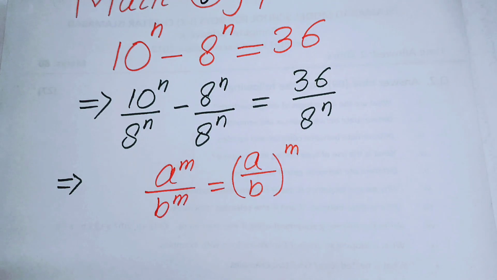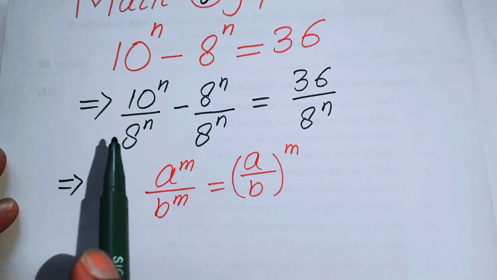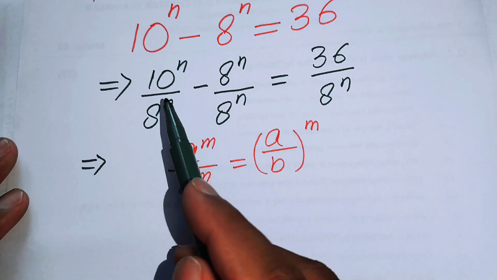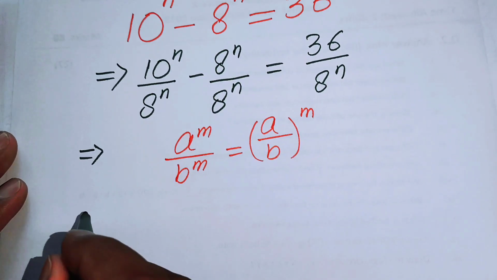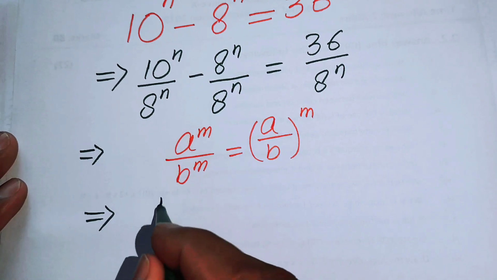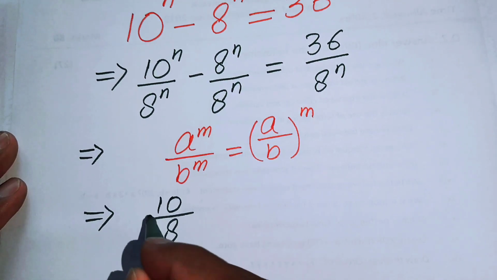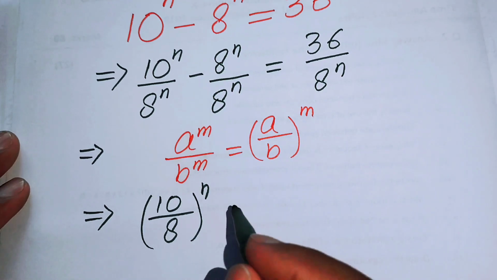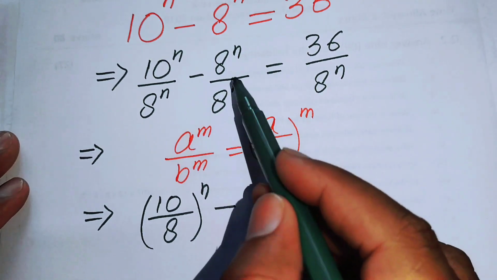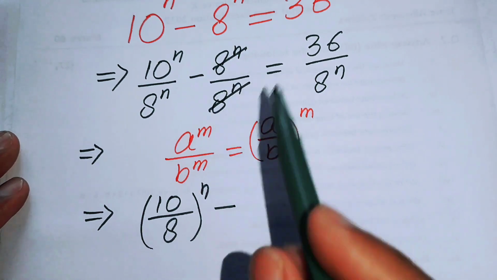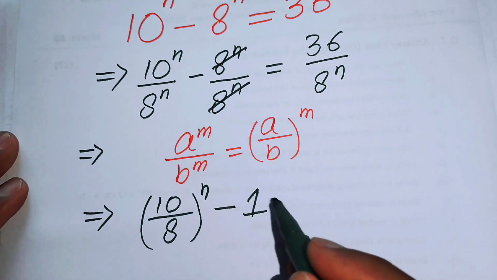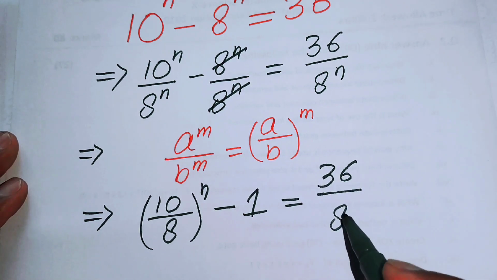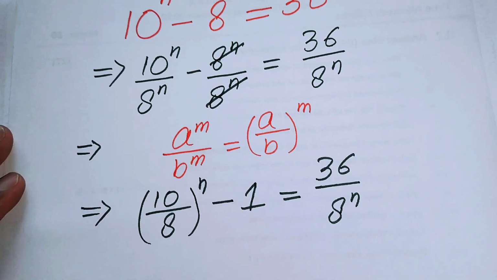So we use this law in the first term, combining the n exponent on both terms, so this becomes 10 over 8 to the whole power n minus, and these are two same terms so they are gone, and you get only 1, is equal to 36 over 8 to the power of n.